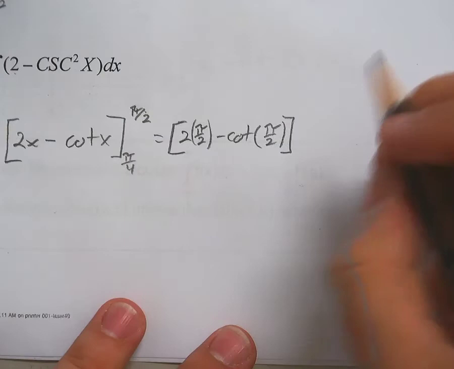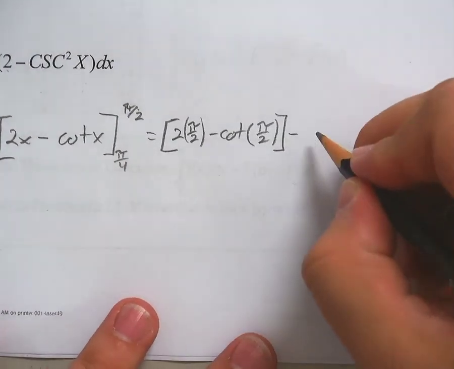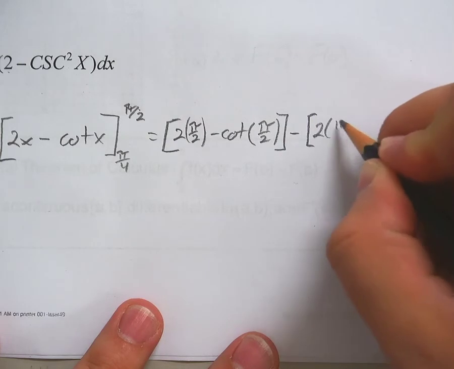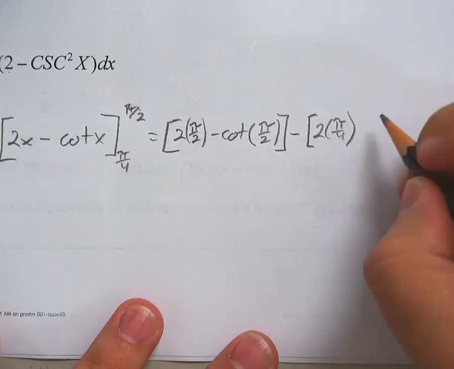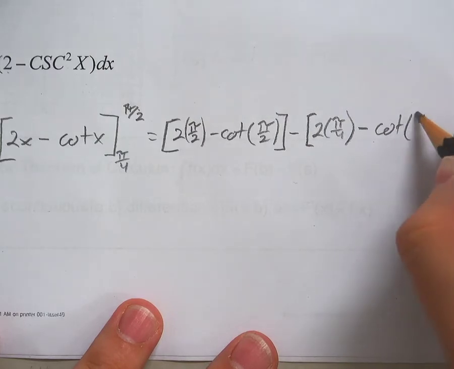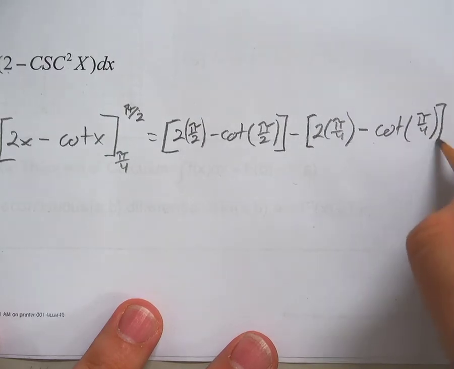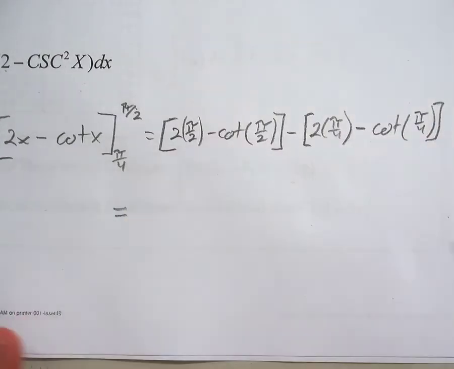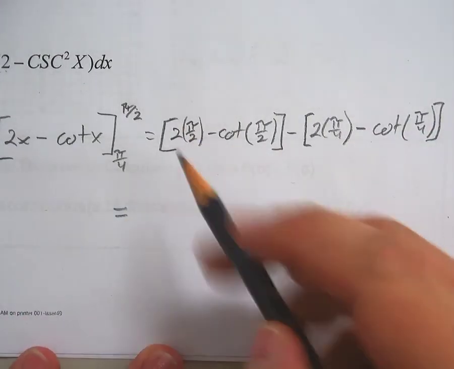That's f of b minus f of a. 2 times pi over 4 minus cotangent pi over 4. Right? Which is going to be, let's see, this will be 2 times pi over 2 is pi.